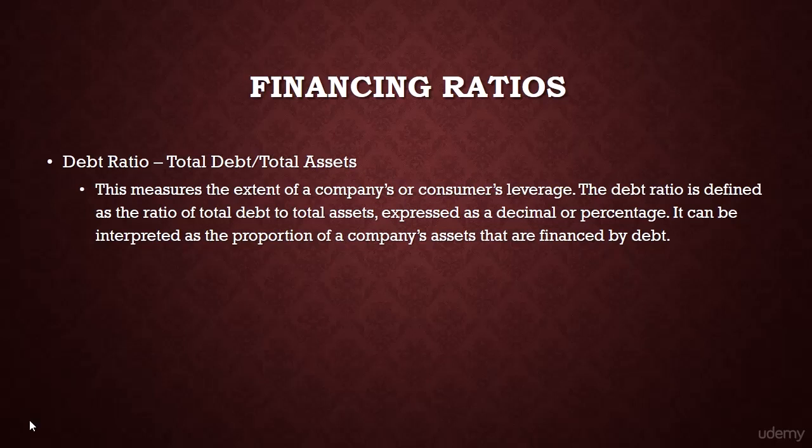So you pay so much and you get this much back in return in loans to finance your company. Higher levered companies means they're taking on more loans to pay for their company, and lower levered companies mean less. And the debt ratio is defined as the ratio of total debt to total assets, and it can be interpreted as the proportion of a company's assets that are financed by debt.